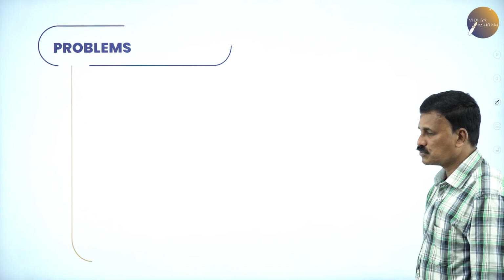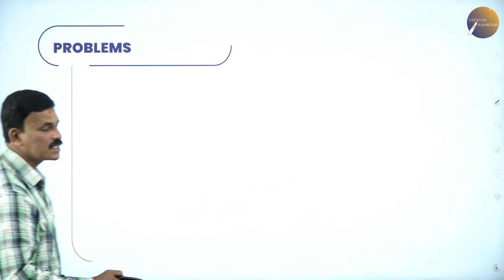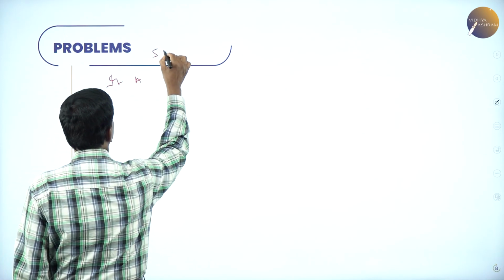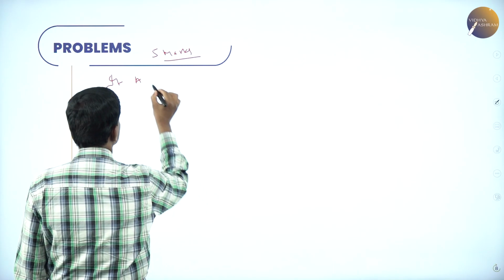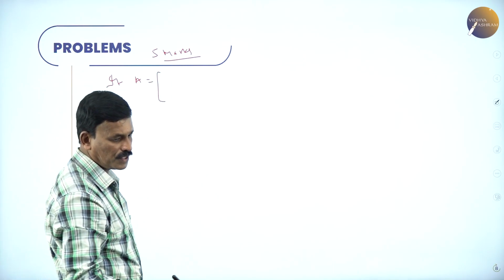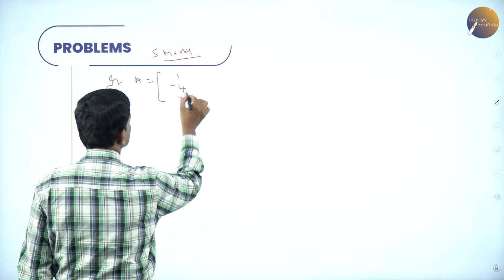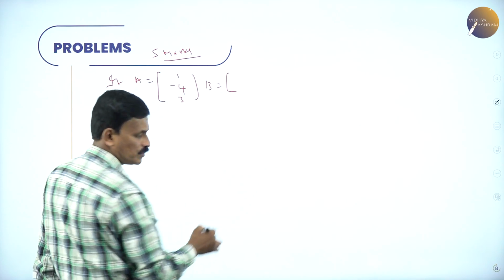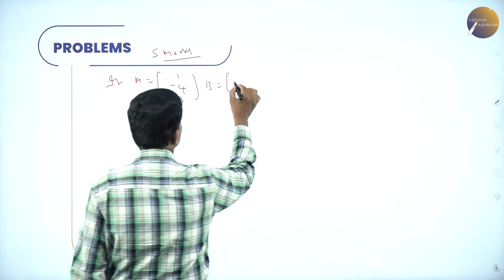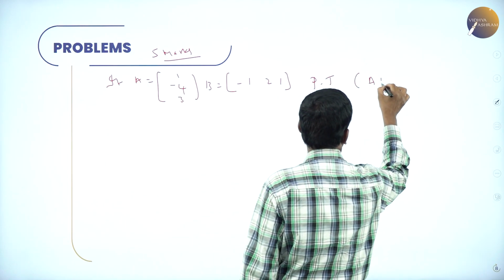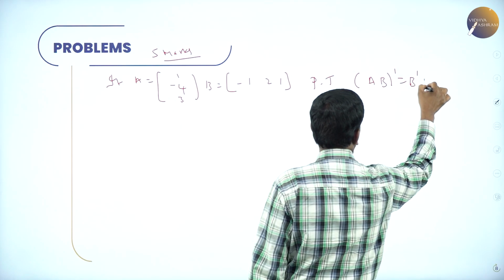Now let us come to a problem. Let me solve one more problem which is based on transpose of the matrix. That is very important. This is a 5 marks question. If A is equal to 1, minus 4, 3 and B is equal to minus 1, 2, 1, prove or verify that AB whole dash is equal to B dash A dash.